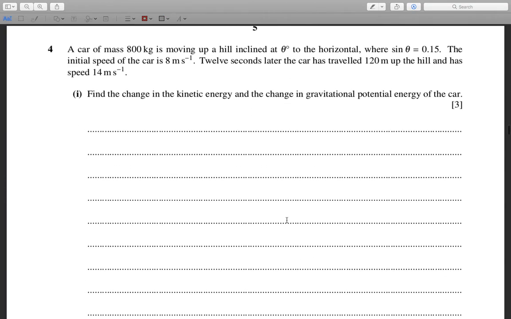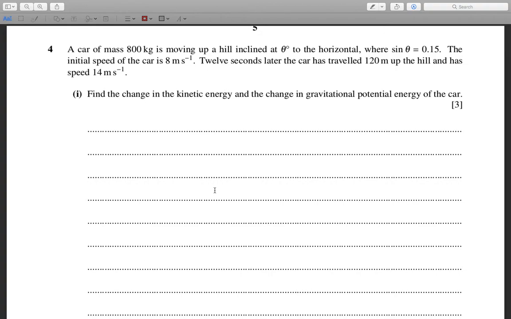Number 4. A car of mass 800 kilogram is moving up a hill inclined at theta to the horizontal, where sin theta is 0.15. The initial speed of the car is 8 meter per second. 12 seconds later, the car has traveled 120 meter up the hill and has speed 14 meter per second.